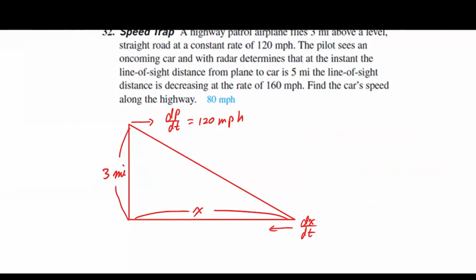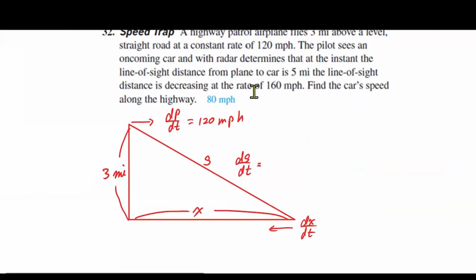So this triangle is reducing in its area. This length is reducing, this length is reducing, and this thing remains constant. So I need another variable. Let's just call that S. And with an S, there's a ds over dt. What is ds over dt?